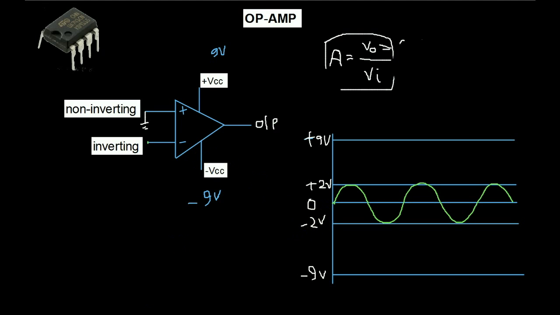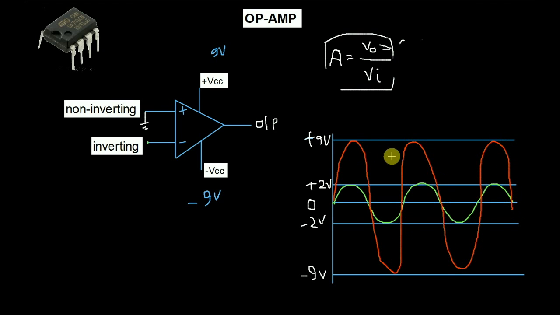So the op amp will amplify the signal, and the amplification will be limited between plus 9 volt and minus 9 volt. So the output signal will look like this. The amplification is limited between plus 9 volt and minus 9 volt.